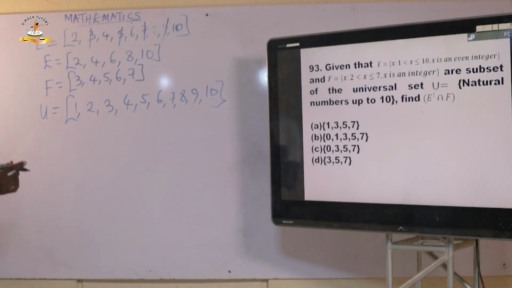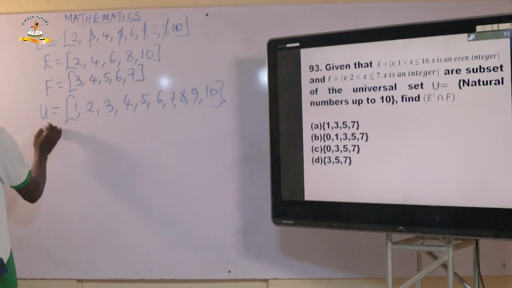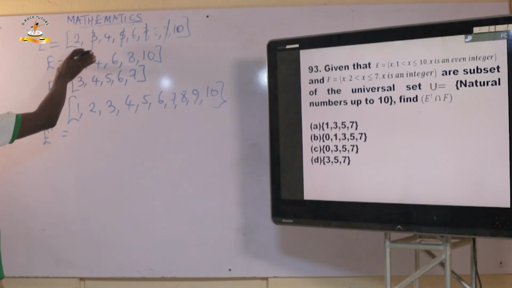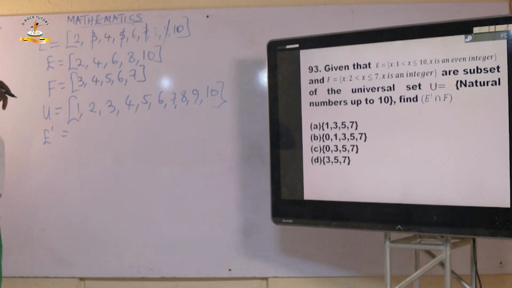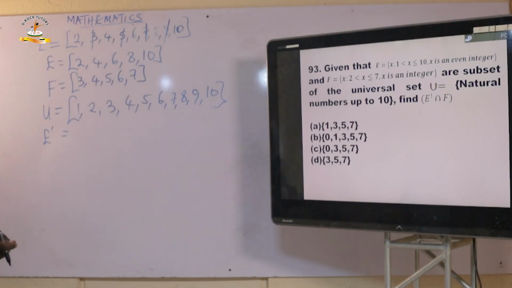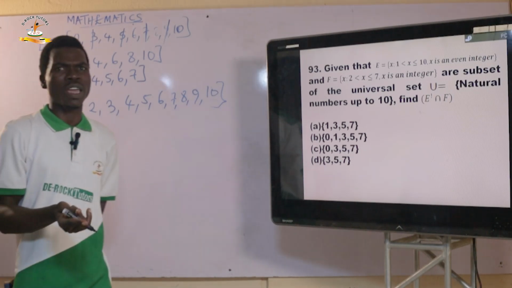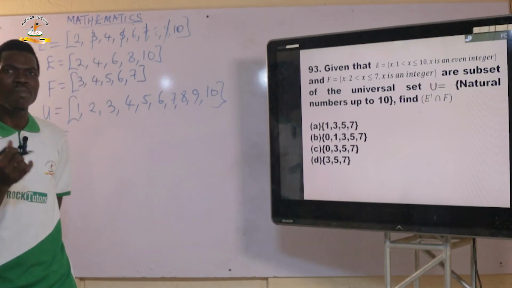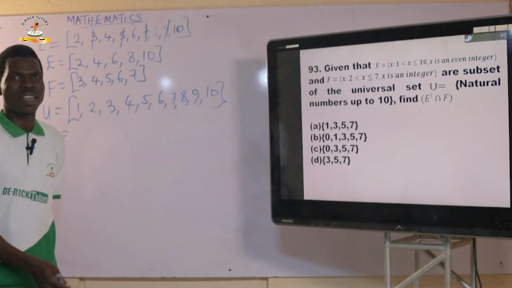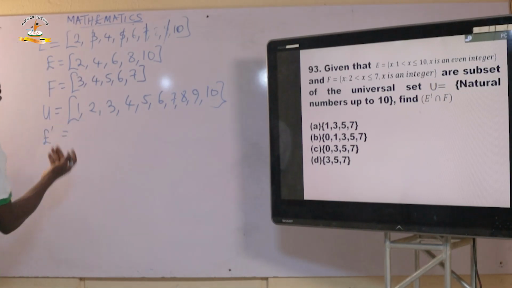And we are looking for E prime. What is my E prime? That is the complement of E. The elements of E, we remove all of them from the universal set, and we write the outcome. Or simply put in another way, the complement of E means: what are the elements in the universal set that are never present in subset E?